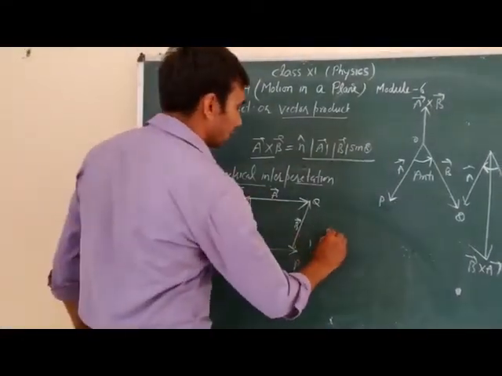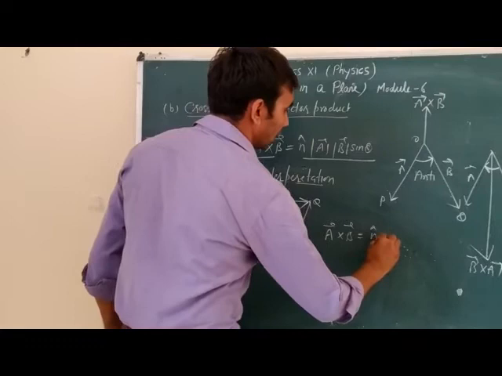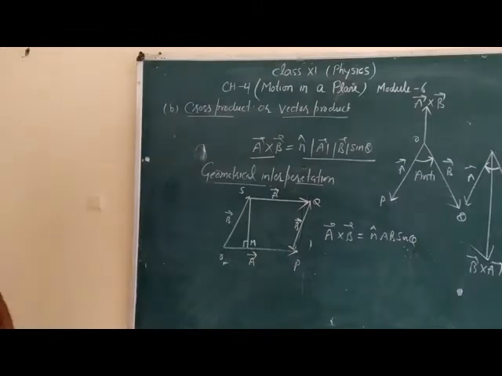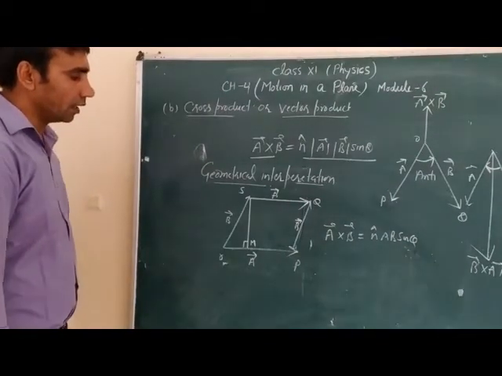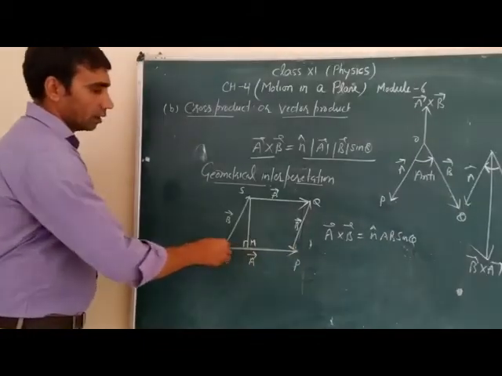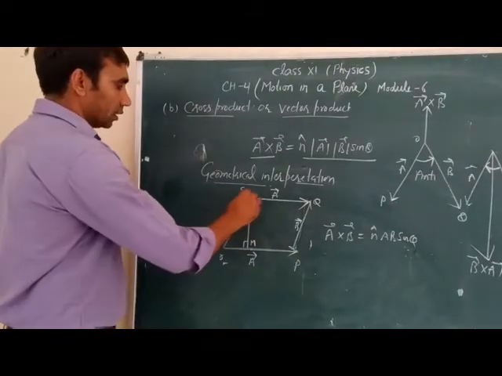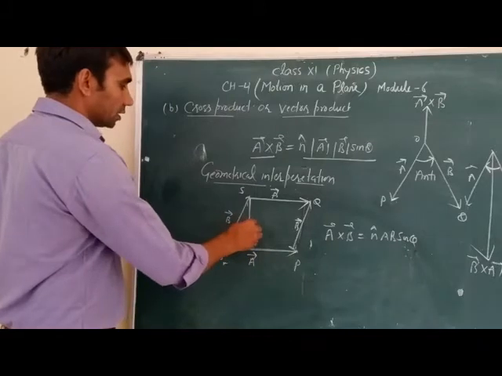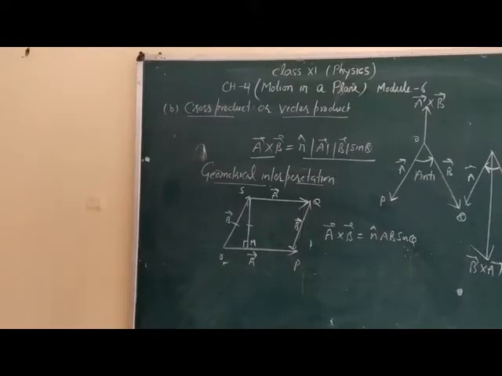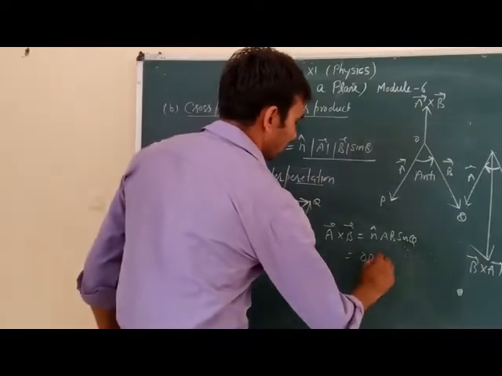This can be written as A cross B equal to n unit vector AB sine theta, where vector A is equal to OP and B is equal to OQ. This ratio is equal to sine theta. Sine theta is equal to OP into OQ.